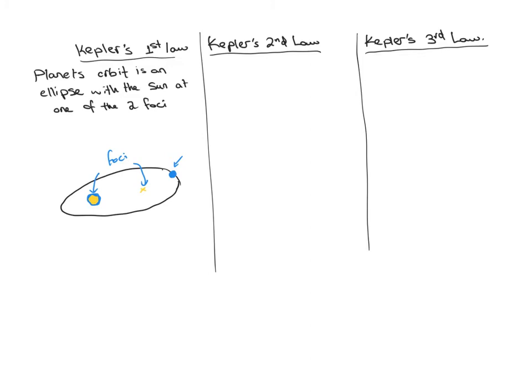For those of you who do maths and have seen elliptical shapes, they always have two foci, but you don't need to know much more in depth about it here. You just need to know that Kepler's law says that planets follow an elliptical orbit around the sun, with the sun at one of the foci.